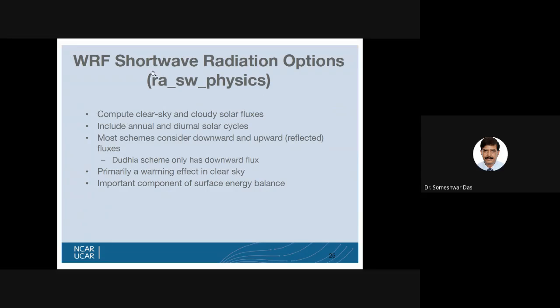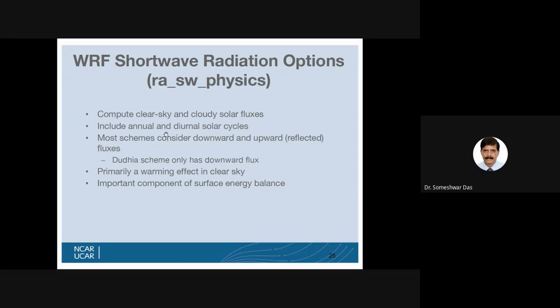Now, for the short wave radiation parameterization scheme, this is the option which controls it. ra_sw_physics stands for short wave physics. So this option will allow you to choose different schemes available for short wave radiation parameterization. Now, this scheme computes the clear sky and cloudy sky solar flux.